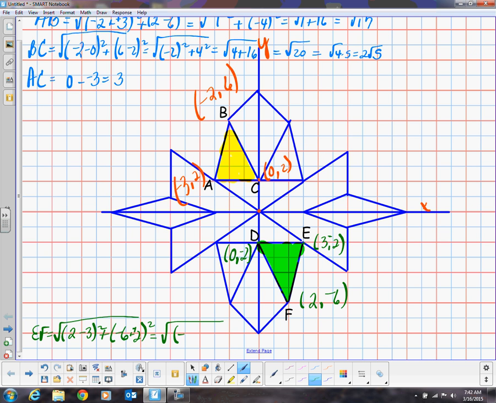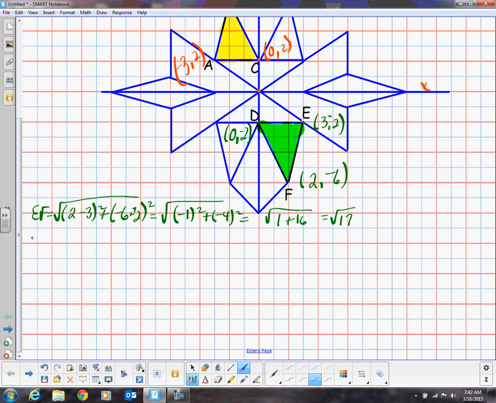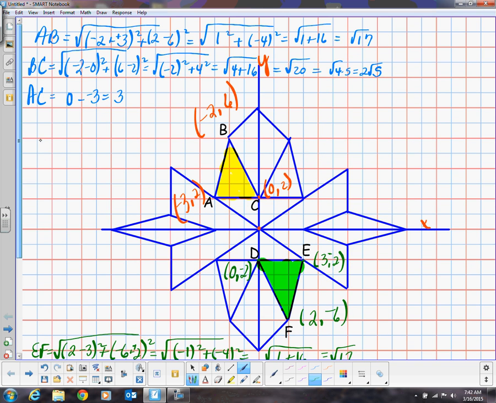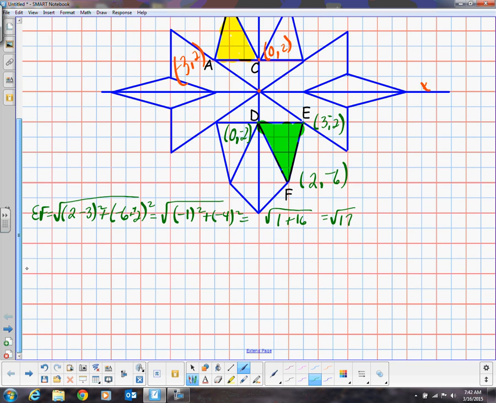So that's going to give me negative 1 squared plus negative 4 squared, which is the square root of 1 plus 16, which is the square root of 17. So now we've got EF. I said BC, so I'm going to say FD.